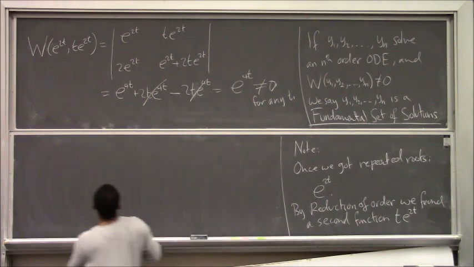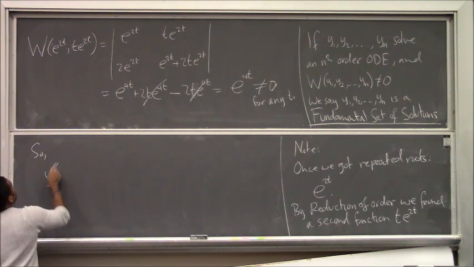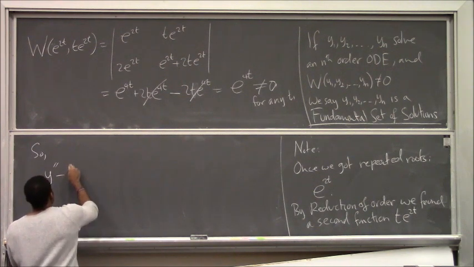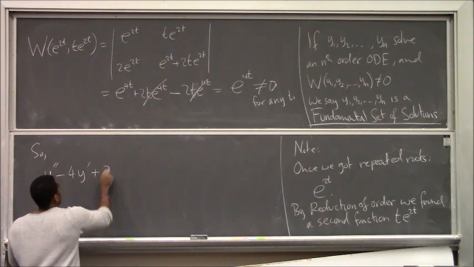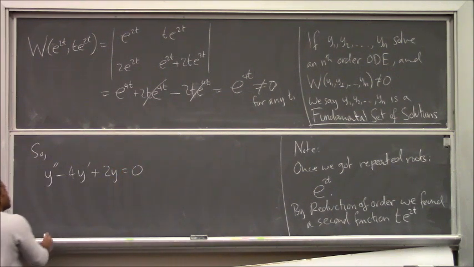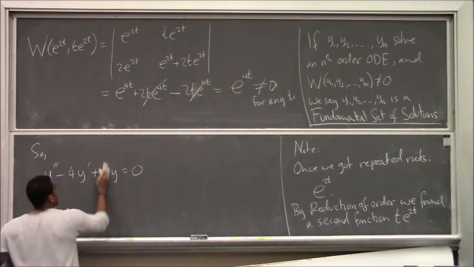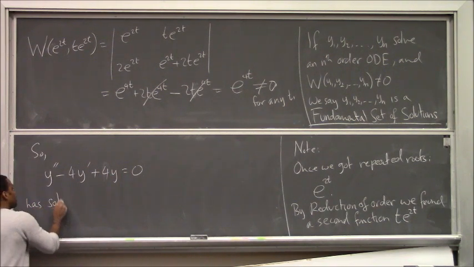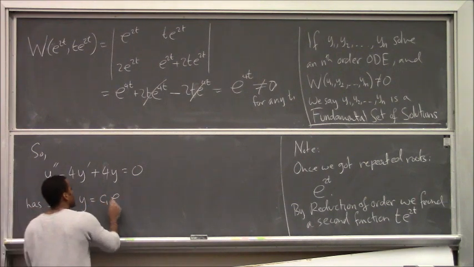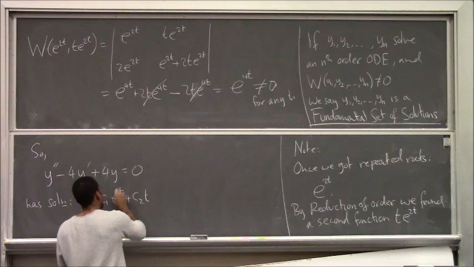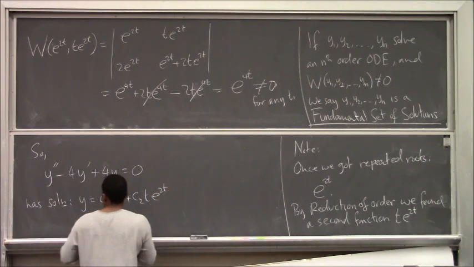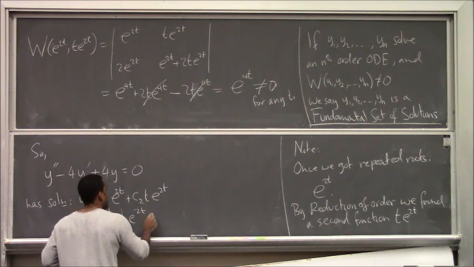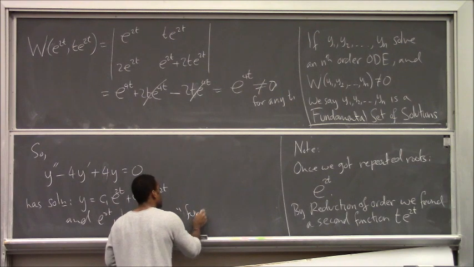So I guess I can make something up. So y double prime minus 4y prime plus 4y equals 0 has solution y equals c1 e to the 2t plus c2 t e to the 2t, and e to the 2t, t e to the 2t are a fundamental set of solutions.